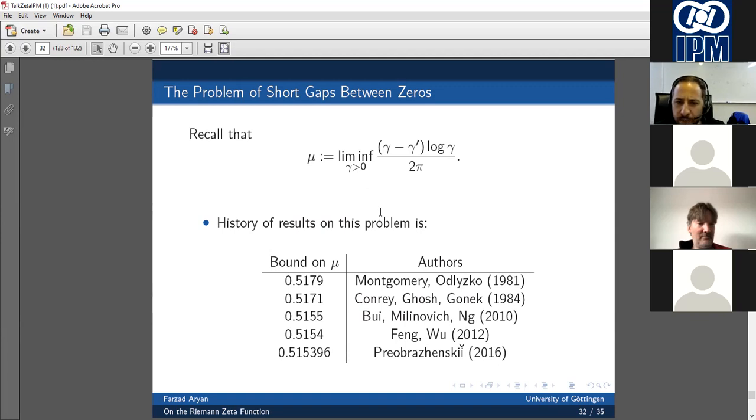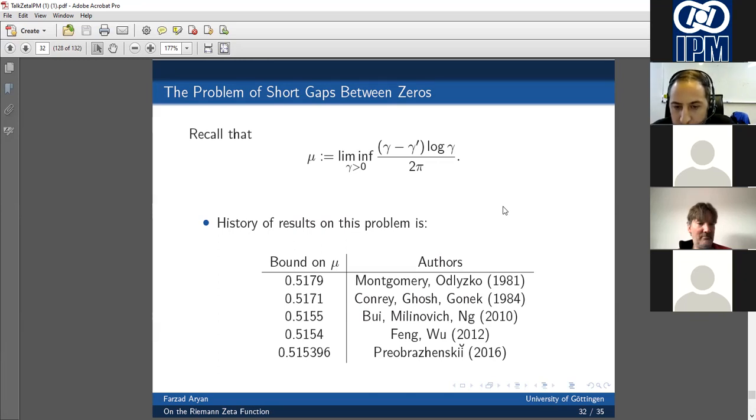The problem is that all these results are based on the method developed by Montgomery and Odlyzko, and that method cannot beat 0.5. It even cannot beat 0.50001. There's an unpublished result of Goldston that says that with this method you cannot improve that bound. So this method is not useful for application to the Landau-Siegel zero problem.